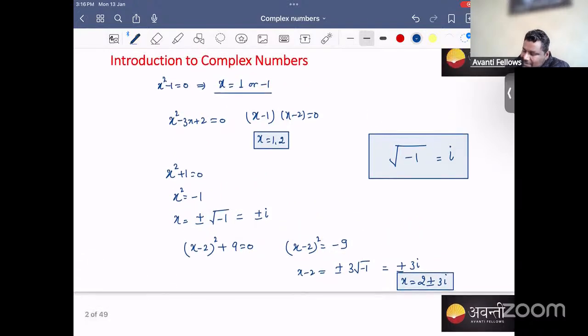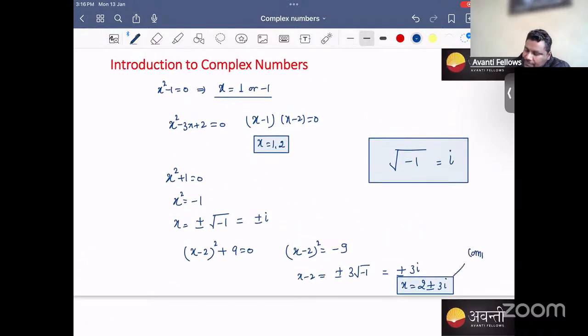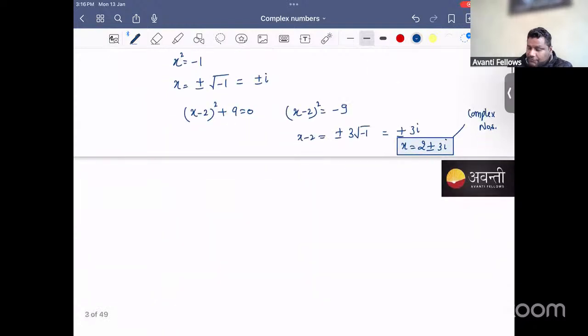So these numbers are what we call complex numbers. All right. Now, as of now, we have understood every complex number z is of the form a plus iota b.